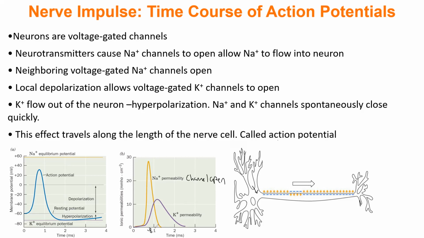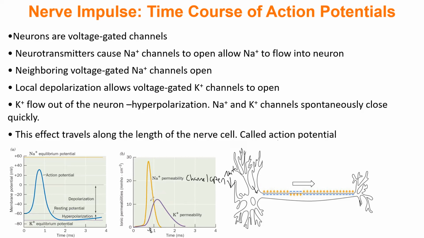And it closes very fast. You can see this sodium channel is not open for even a full millisecond. So the sodium channel opens, sodium flows in, and then it closes.